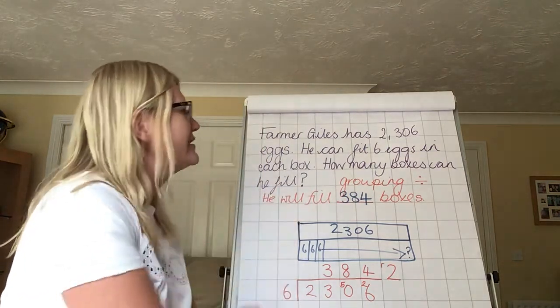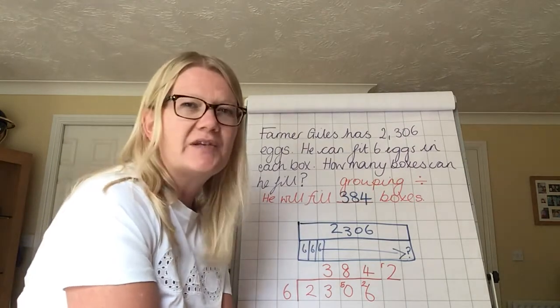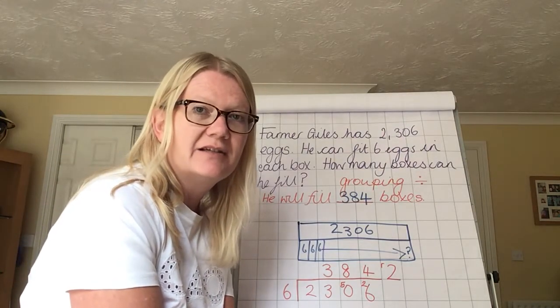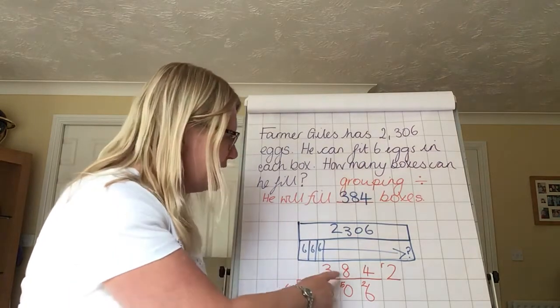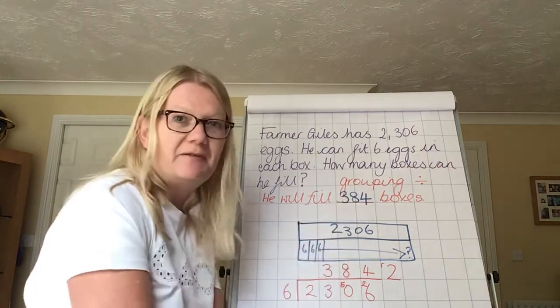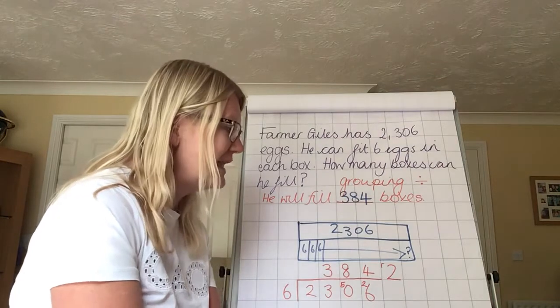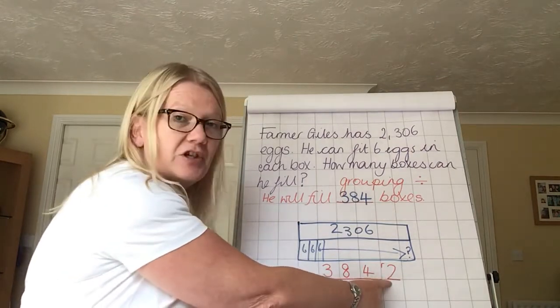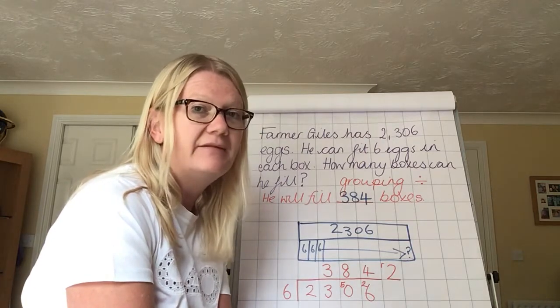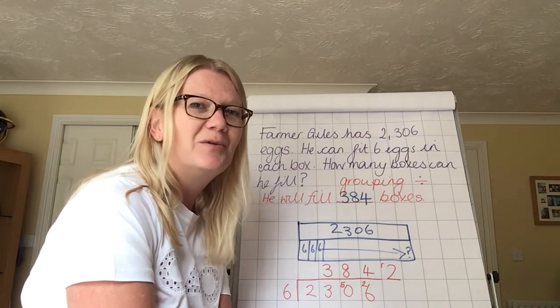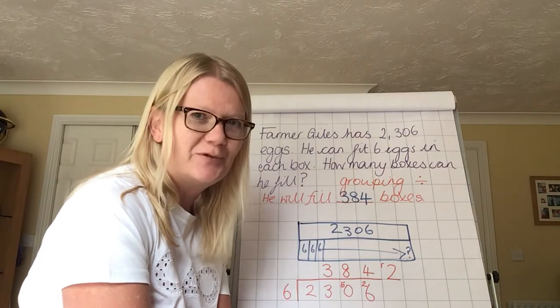If the question said, how many boxes does he need to include all the eggs, we would need 384 to be full, and we would need another box to put the 2 left over in. So we would need 385 to include all the eggs in total.